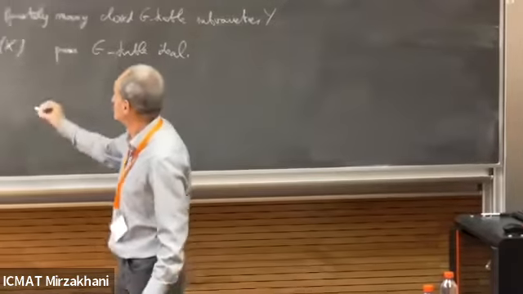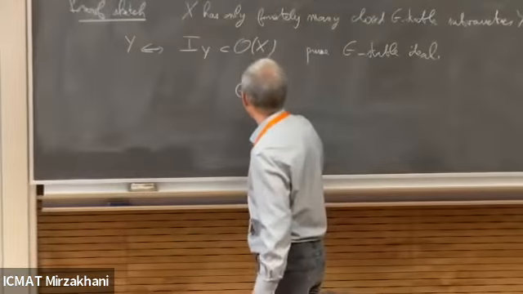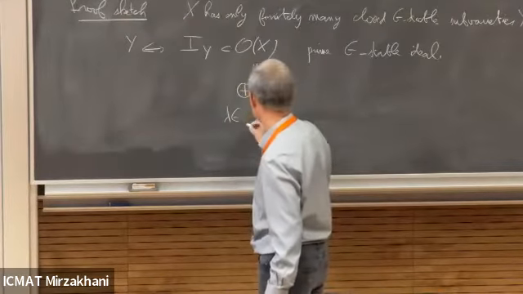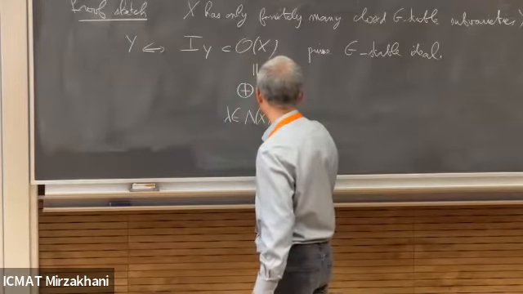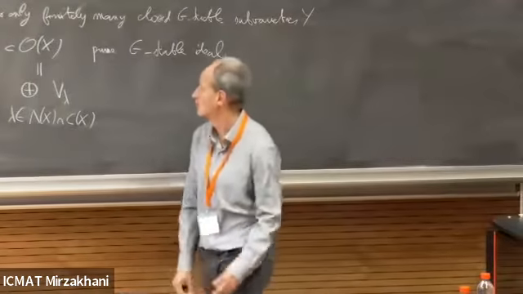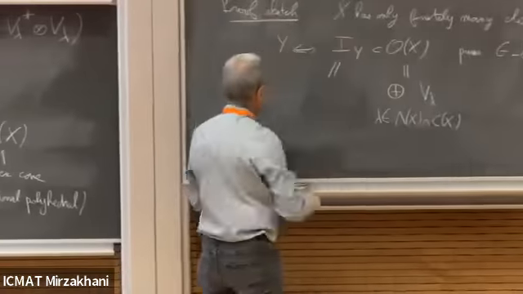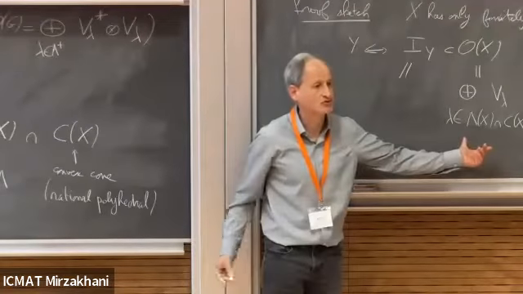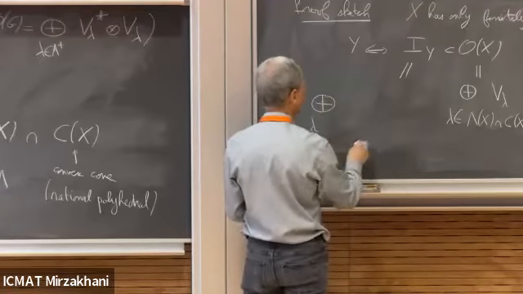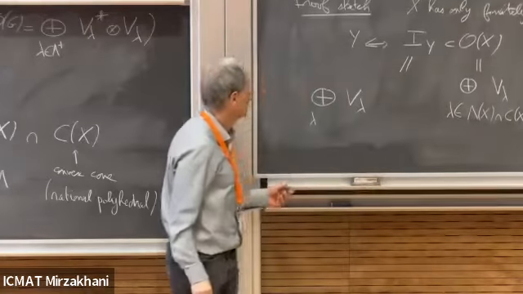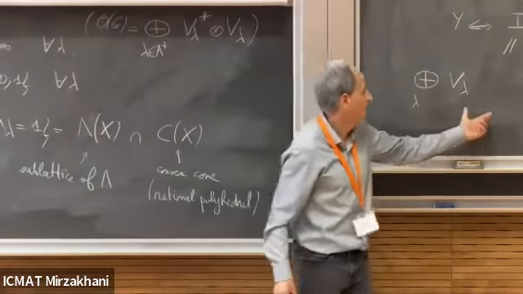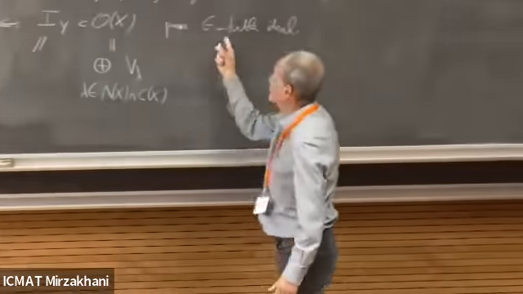You see this O of X is a sum of V_λ for λ in this combinatorially defined set, and this ideal being G-stable is just a partial sum. But then you have to make sure that this partial sum defines a prime G-stable ideal.